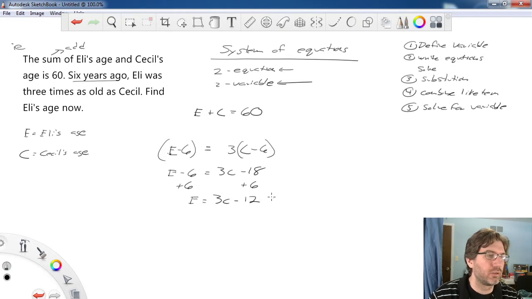Is it 12? I think that's where we're at. Let me double check my notes from earlier. Yeah, that's where we're at. So I'm going to go ahead and write that up here. E equals 3c minus 12.